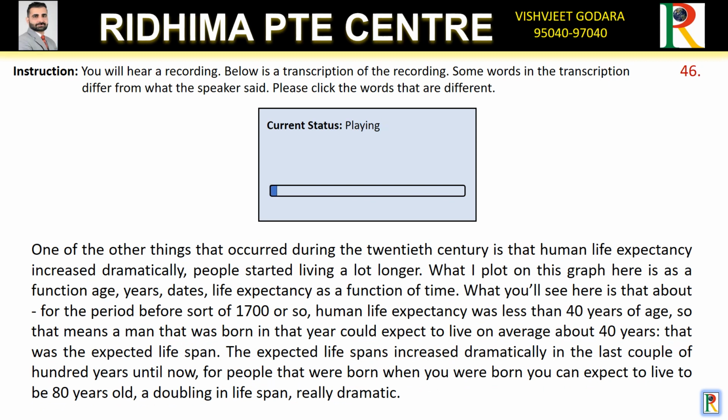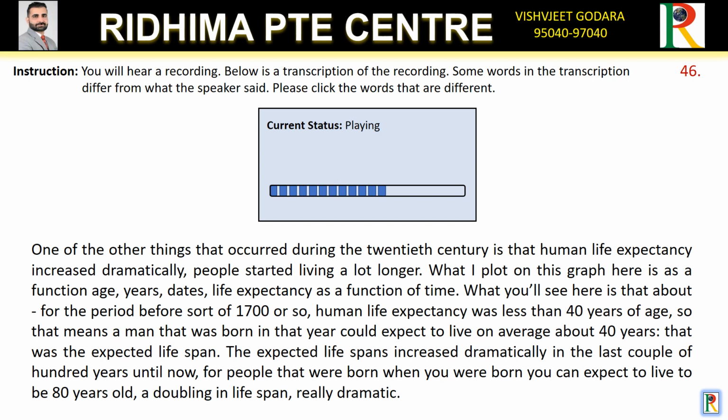One of the other things that happened during the 20th century is that human life expectancy increased dramatically. People started living a lot longer. What I plot on this graph is life expectancy as a function of time. What you'll see here is that for the period before about 1700, human life expectancy was less than 40 years of age.